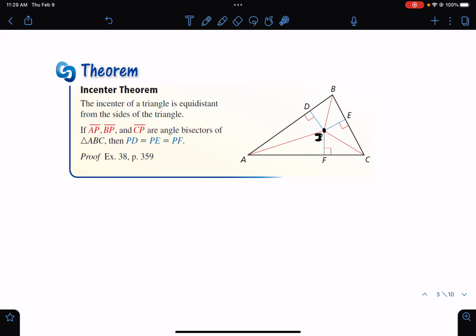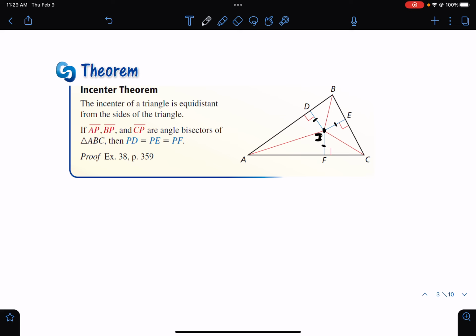Notice that it has these lines drawn that go from the incenter to each side, and they connect at a 90-degree angle, which is important. If the point is the incenter, then this distance, this distance, and this distance are all equal to each other.